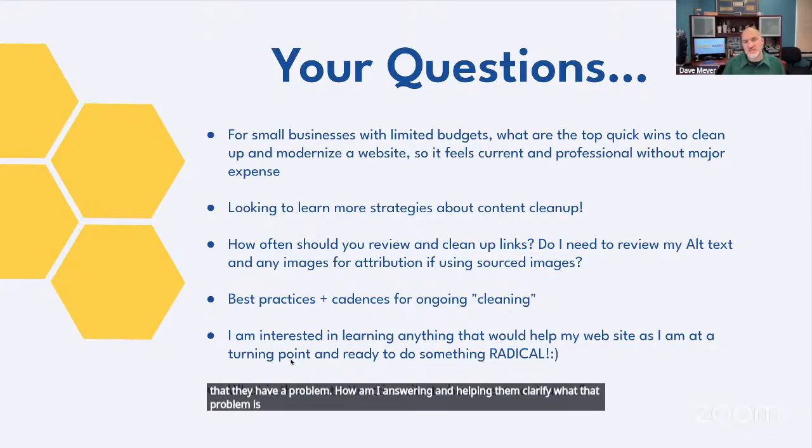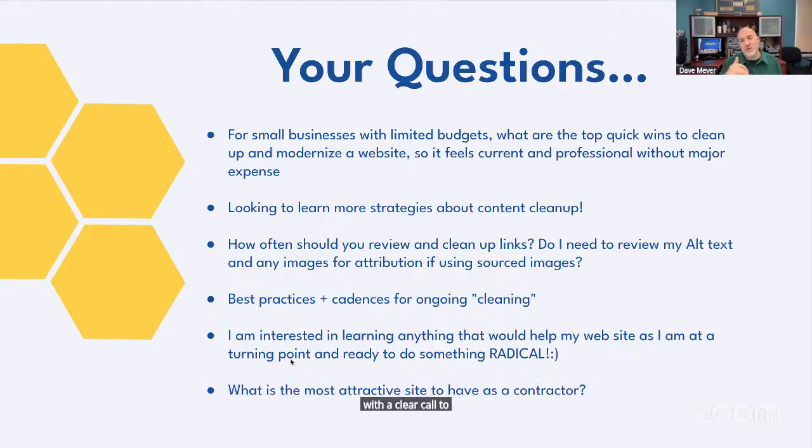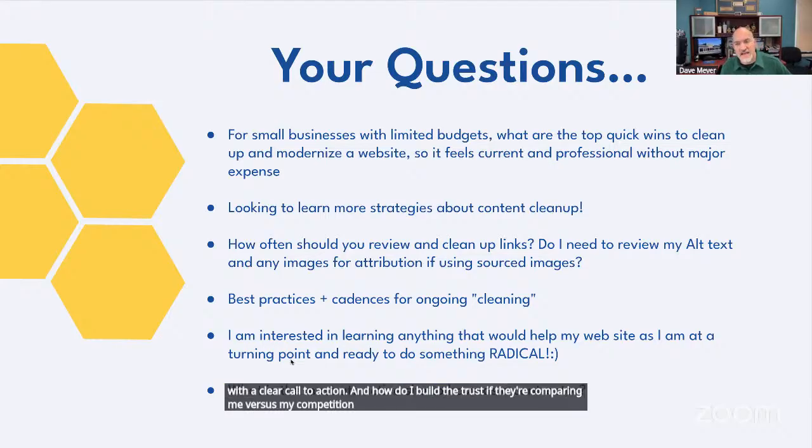When they've made the decision that they want to work with me, how can I make that as simple as possible for them to take the next step with a clear call to action? And how do I build the trust if they're comparing me versus my competition, or if they're just asking an AEO question, a Gemini search, or a ChatGPT search, and how do I give that to them? And then just building that content from there.